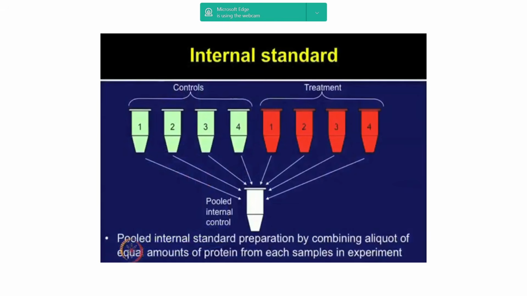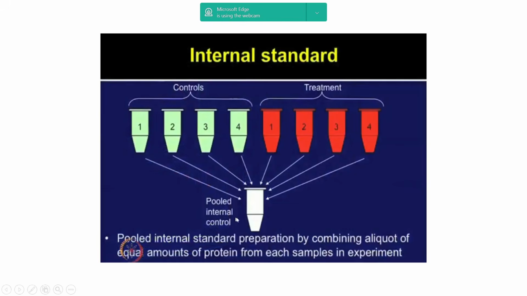For example, if your sample is around 1 ml, you take maybe 200 microliter from each and every sample and pool it together, and that pooled sample will act as your internal standard, or it can also be called QC, quality control, and that will help us in the analysis ahead.